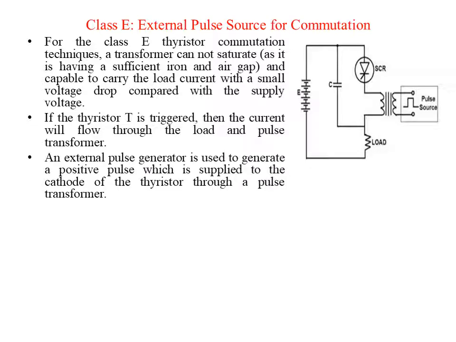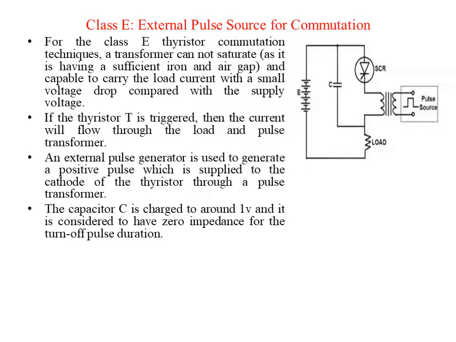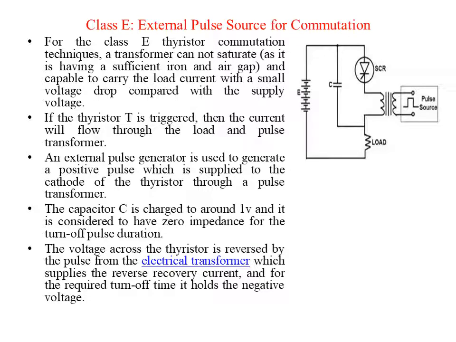An external pulse generator is used to generate a positive pulse which is supplied to the cathode of the thyristor through the pulse transformer. The capacitor is charged to around 1 volt and is considered to have zero impedance for the turn-off pulse duration.